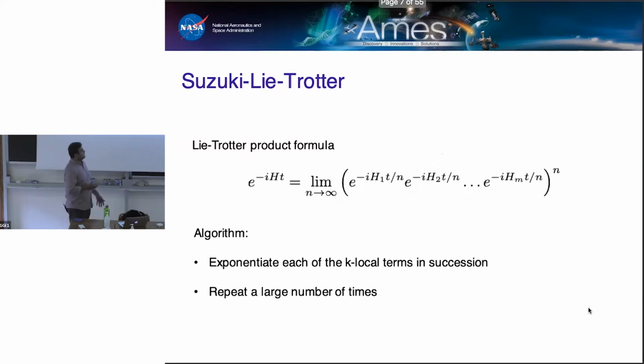Nevertheless, we have this Lie-Trotter product formula that says that if you break up the overall time evolution into a bunch of small time evolutions, t over n, and then compose the product of the exponentials of each of the individual terms and repeat that block a large enough number of times, then in the limit in which the number of steps becomes infinitely large and the time evolutions become infinitesimally small, this actually becomes an equality.